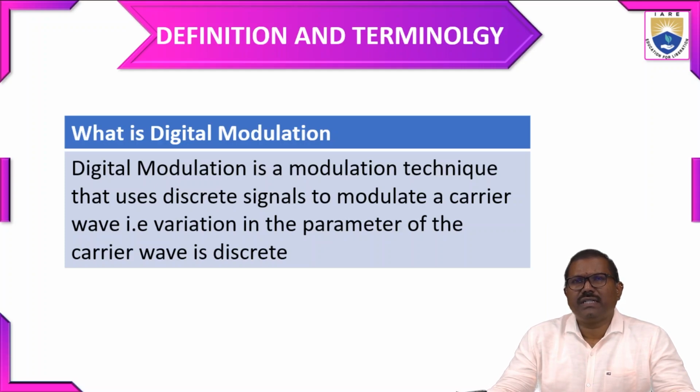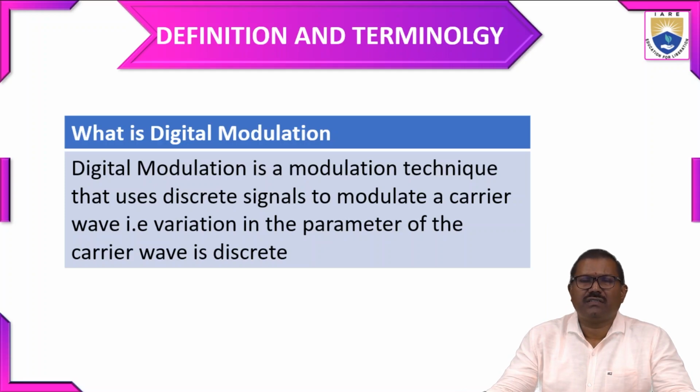So digital modulation is a modulation technique that uses discrete signals. After applying sampling and quantizing, you get the discrete signal.